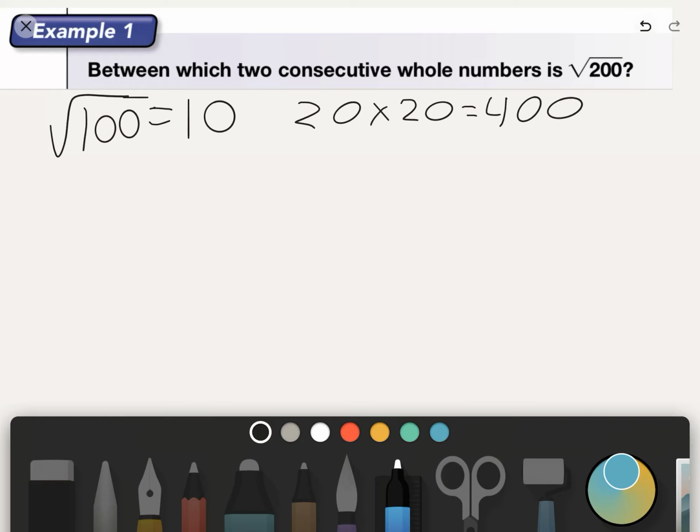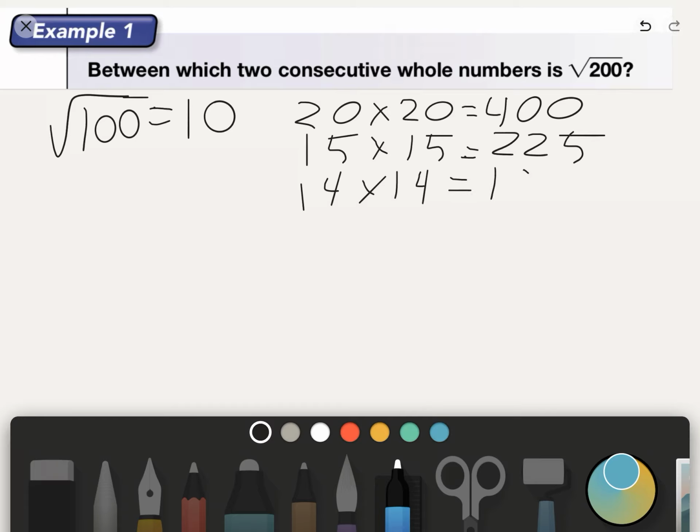We could maybe try 15 times 15, which we've had a lot of practice with lately. By now, hopefully we remember that it is 225, but we're still too big. So maybe we could guess down to 14 times 14, which is 196.